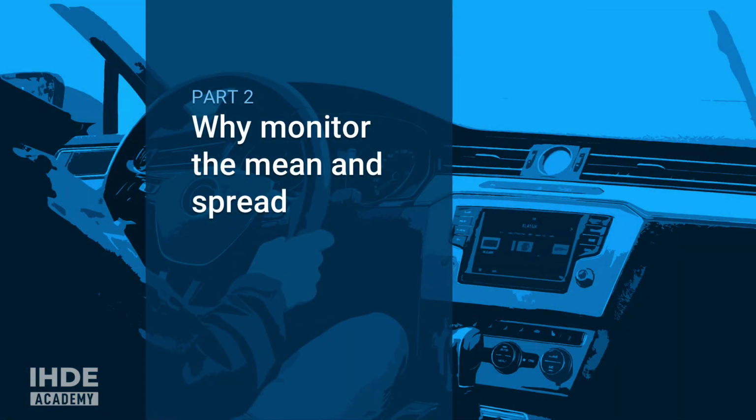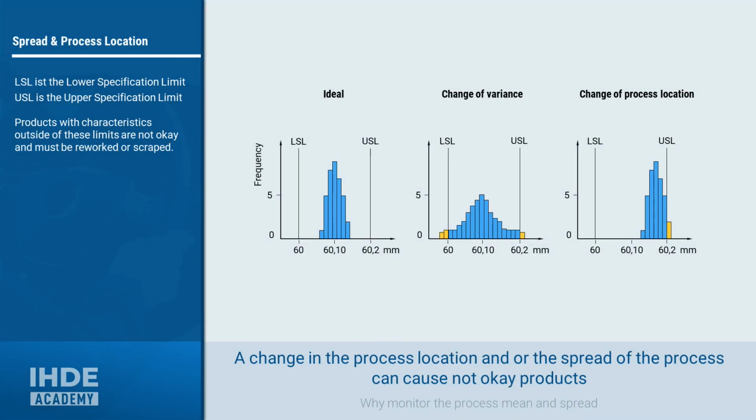Now let's talk a little bit more about why we monitor the averages and the spread. What we see here are three histograms. The x-axis is the scale for the measured value, increasing in size from left to right.